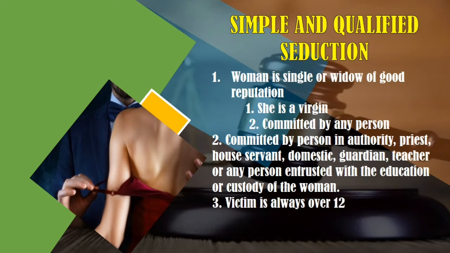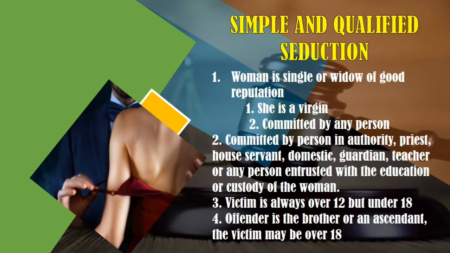Third, the victim is always over 12 but under 18 years old, and the offender is the brother or an ascendant, and the victim may be over 18. Her age and moral reputation is not material.